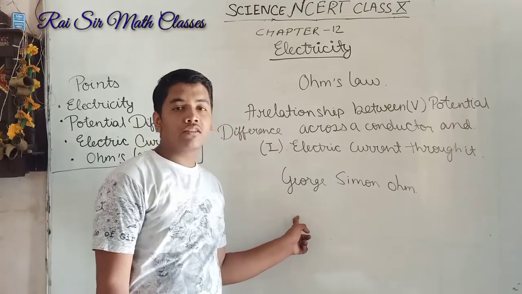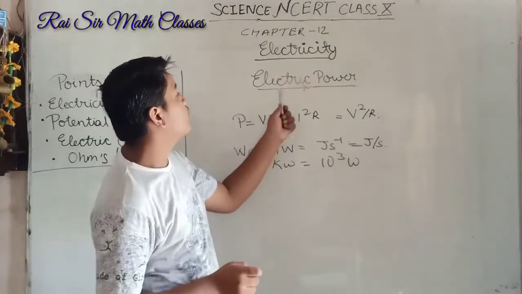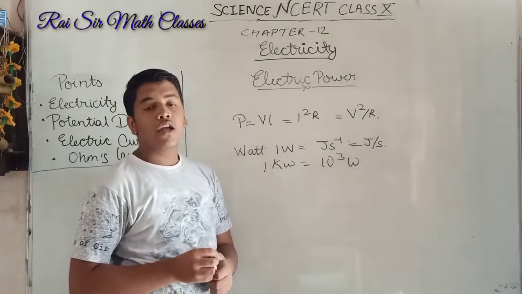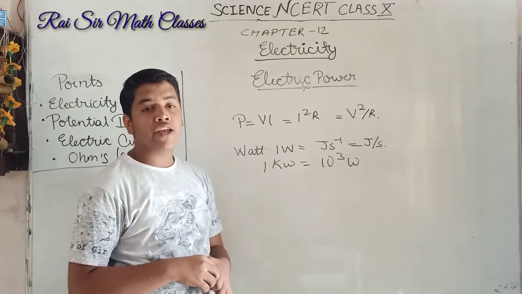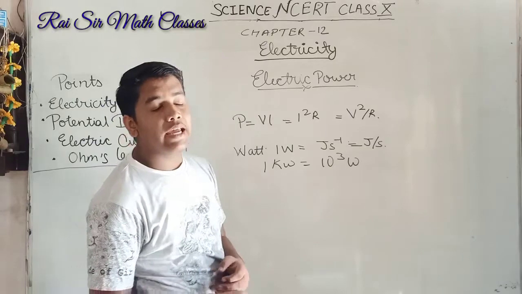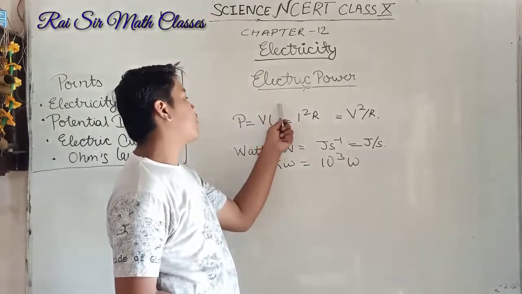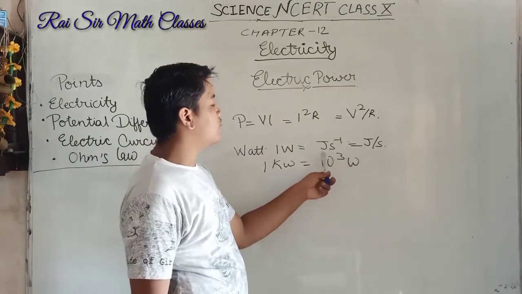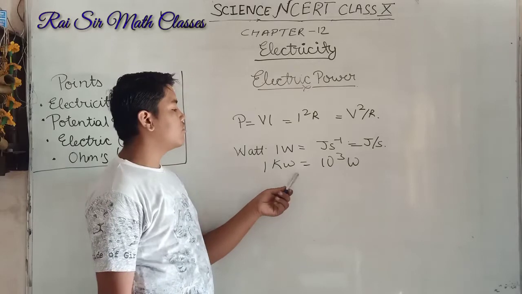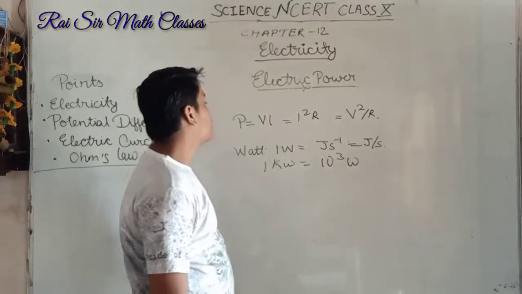Now we are going next to electric power. So what is electric power? It is the rate at which electric energy is dispatched or consumed by an electric circuit. It is known as electric power. Its unit is watt, which is equal to joule per second or joule second inverse, and 1 kilojoule is equal to 10 to the power 3 joules.